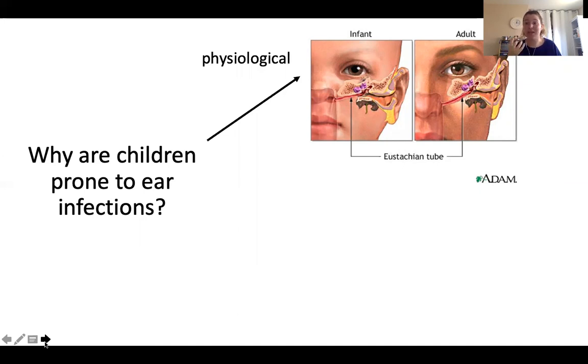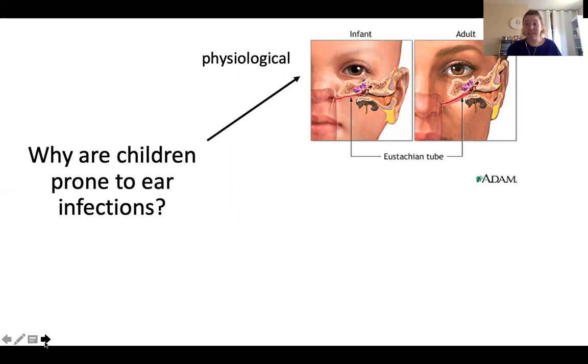In adults, because it's so much longer and steeper, it's not going to be as easy to do that, and therefore you're not going to get an ear infection after you've been sick. But with infants, just a minor cold can push that fluid back really easily into that middle ear space, and they can easily get an ear infection.